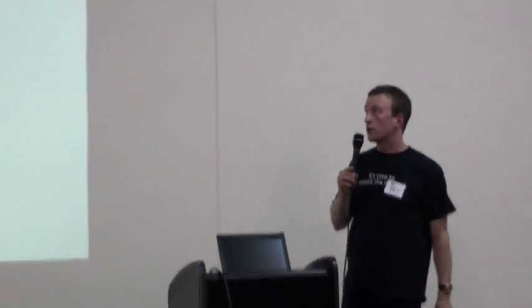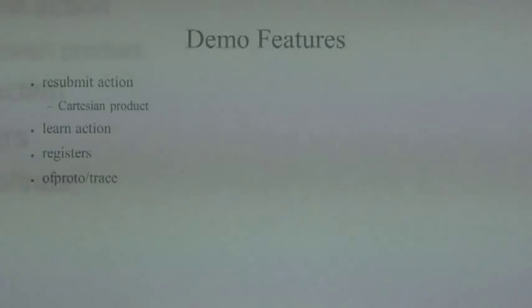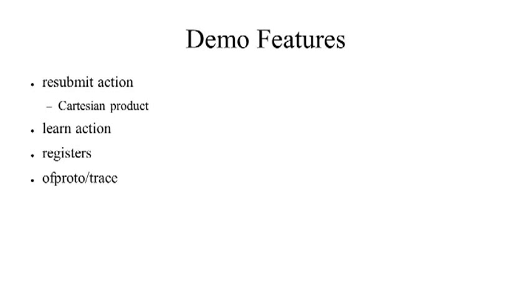So the features that I'm going to go over that are, to my knowledge, unique to Open vSwitch, these are OpenFlow extensions, are listed here. The most important one of them is what we call the resubmit action.